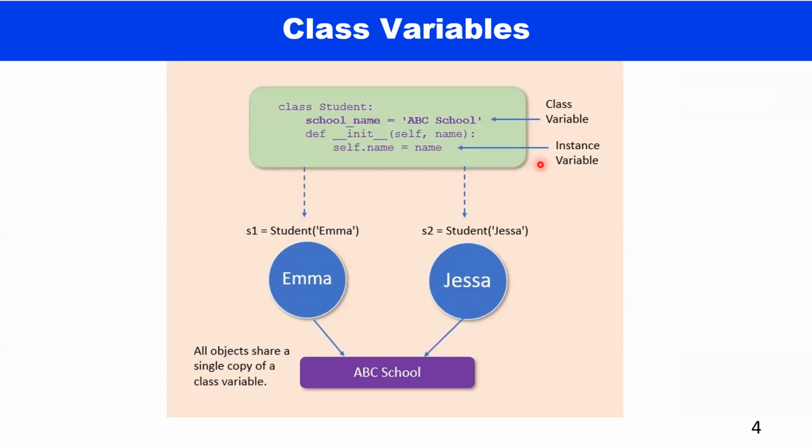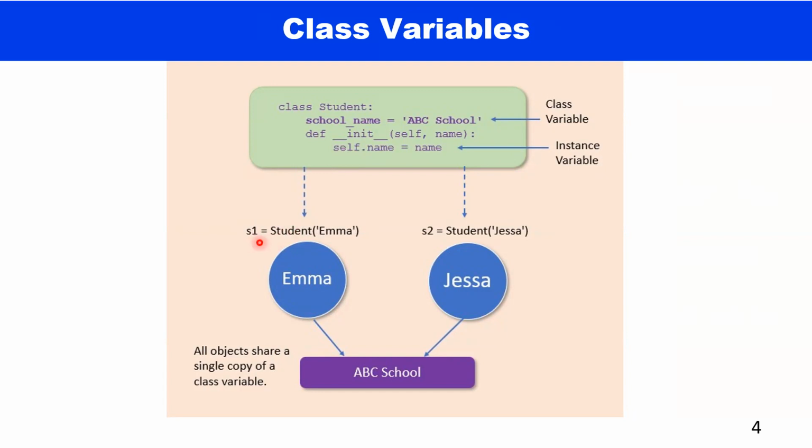On the other hand, an instance variable is assigned the value that we pass whenever an object is instantiated. So instance variables are defined within the constructor. On the other hand, class variables are defined outside the constructor but within the class definition. They have to be defined within the class definition only.